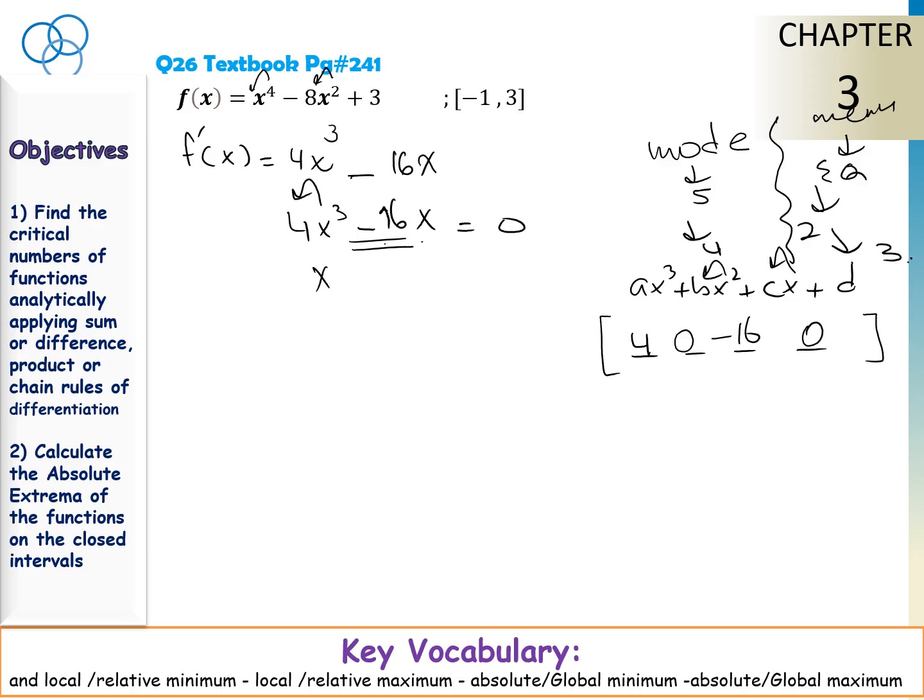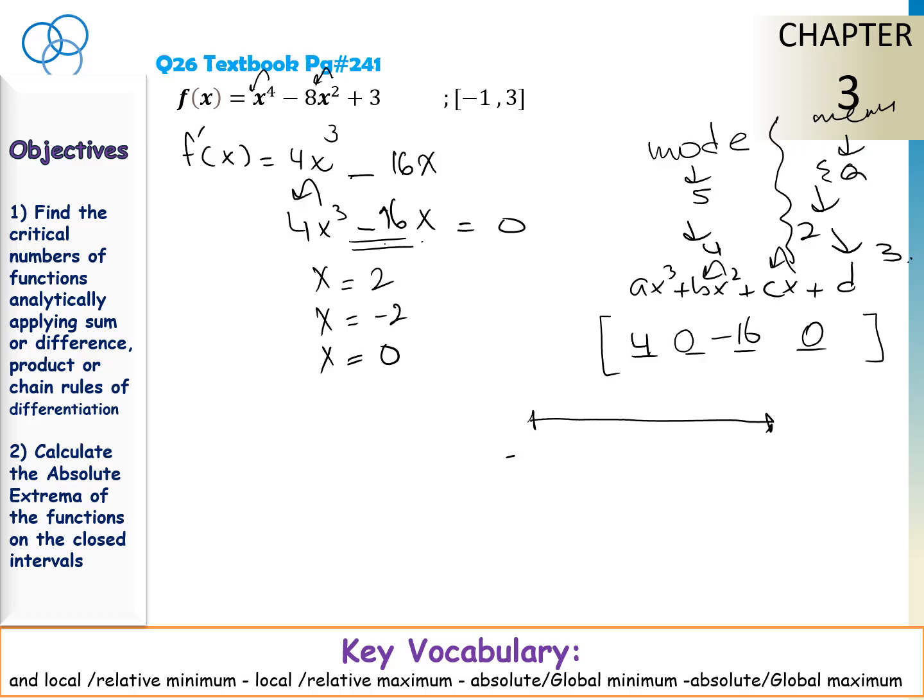Write it in the calculator, and you will have the values of x. So what will you get? You will get x equals 2, x equals negative 2, and x equals 0.